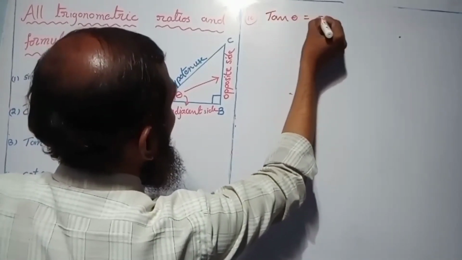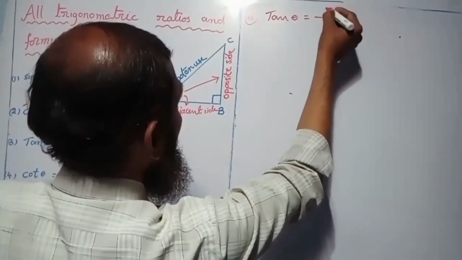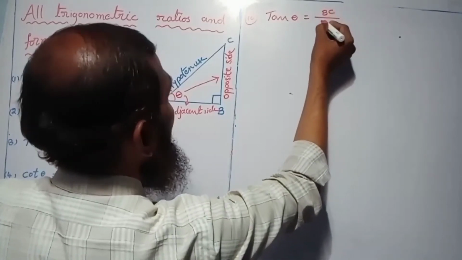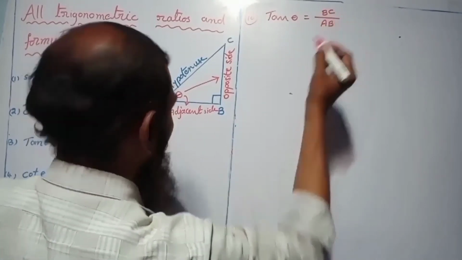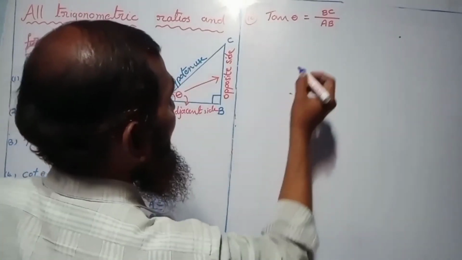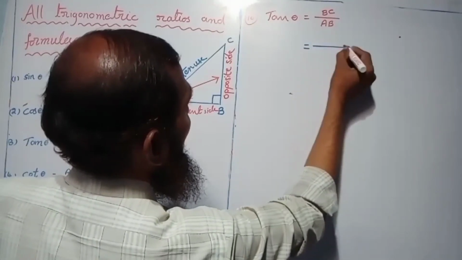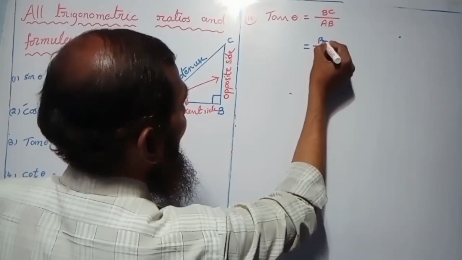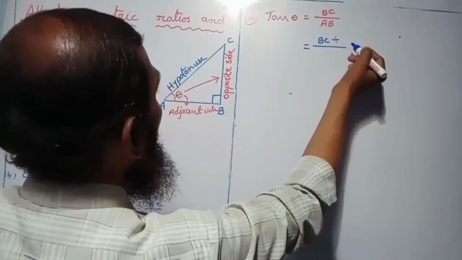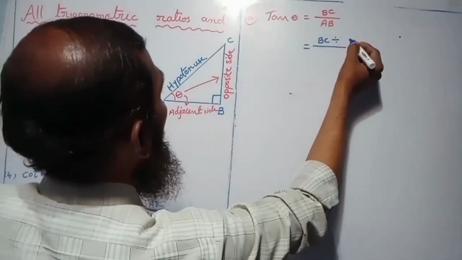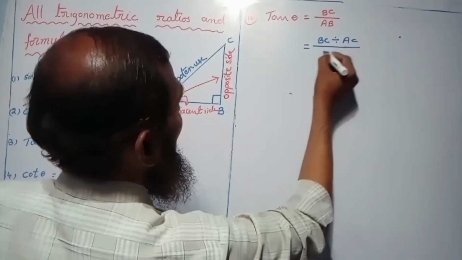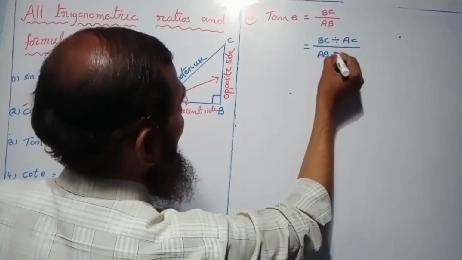Okay, next the 10th formula. That is again tan theta is equal to, tan theta means opposite side. What is the opposite side here? BC by adjacent, meaning AB. Now I am going to divide the numerator and denominator by the hypotenuse. What is the hypotenuse? AC. AB by AC.